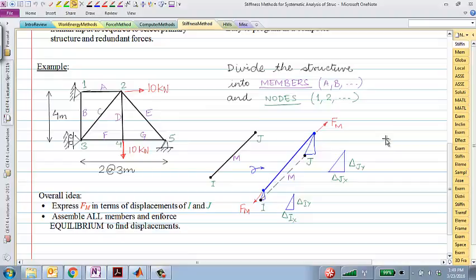And the entire idea is that if I can somehow express the force displacement relationship of each and every element in the truss.